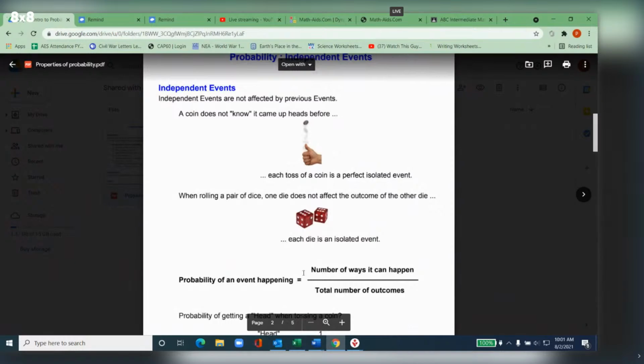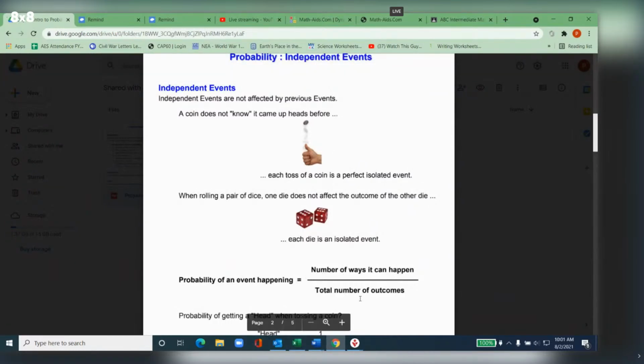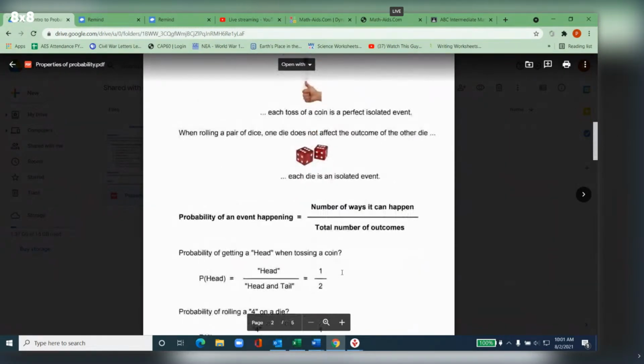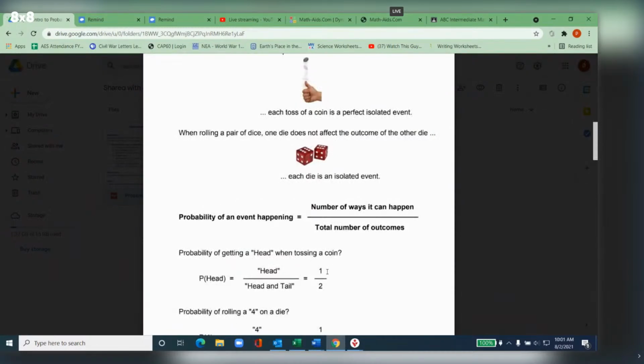So the probability equals the number of ways it can happen divided by the total number of outcomes. When you flip a coin, the number of ways it can happen is either heads or tails, but there are 2 total outcomes. It can only land on one. It can either land on heads or tails, but there are 2 possible ways.